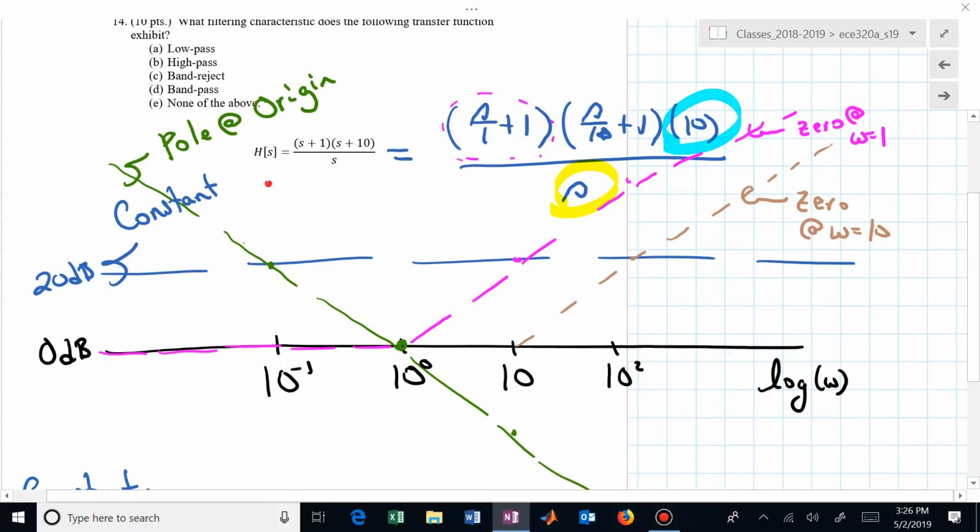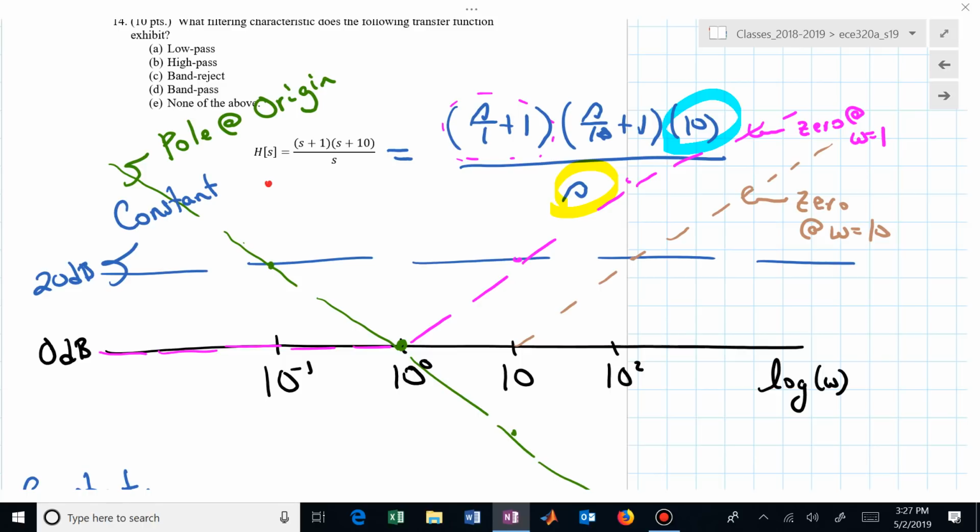So now what I would do if I'm sketching this, I would walk to the low frequency end of my plot and I would say, okay, how far to the left, how low in frequency do I need to go in order to have nothing be breaking yet? I'm obviously having a slope from this pole, so I could go all the way down in frequency and still be sloping with that green.